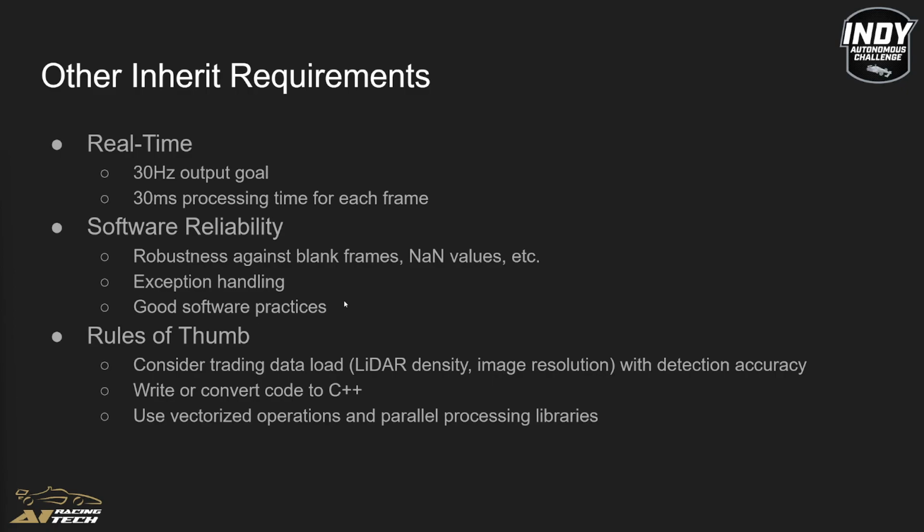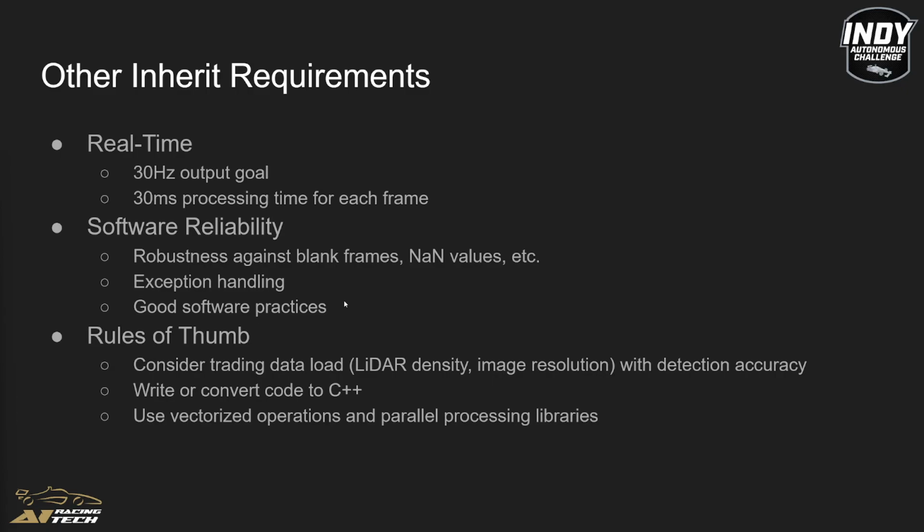A couple of rules of thumb. Number one, consider trading data load, which is things like LiDAR density and image resolution, against detection accuracy. We don't really need a 2K image to do YOLO detection, for example, which gets shrunk to 640 by 640 anyway.